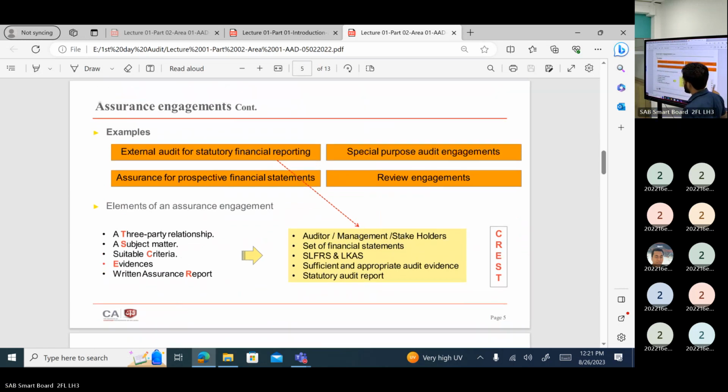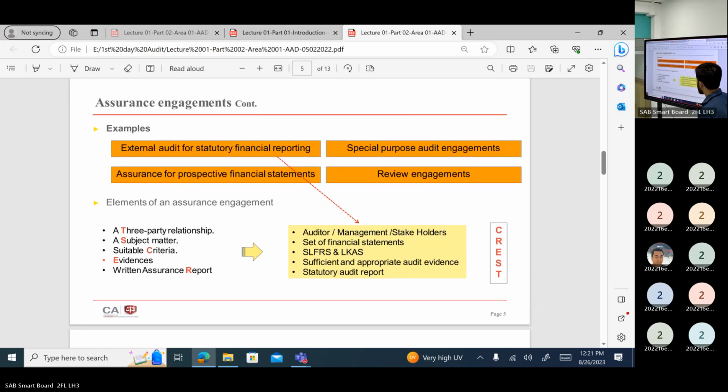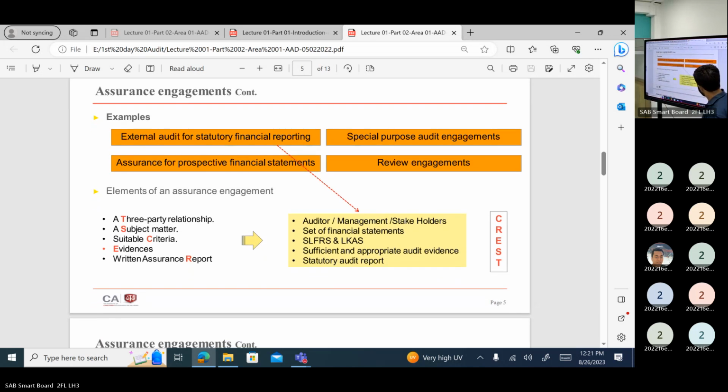Like I said, these are the elements of an assurance engagement. Elements of assurance engagement: tri-party relationship, subject matter, suitable criteria, evidence, and the report. So if we take as an example the statutory audit report: auditor, management, stakeholders, set of financial statements, reporting framework, sufficient and appropriate audit evidence, statutory audit report, right?